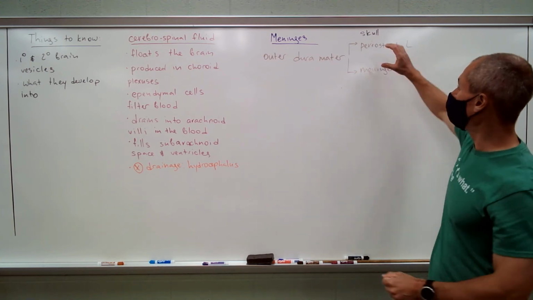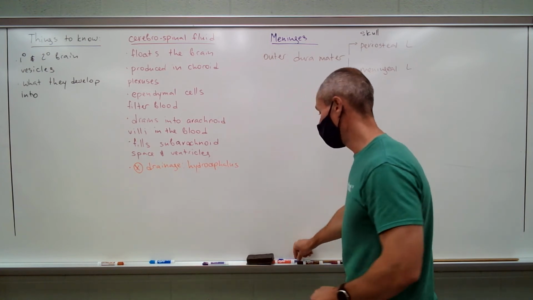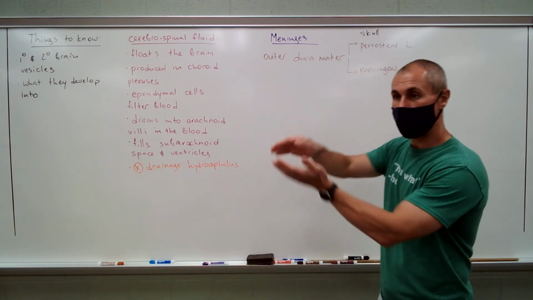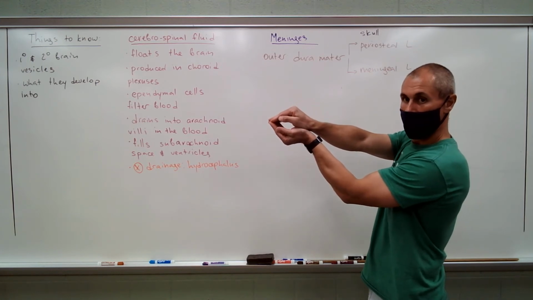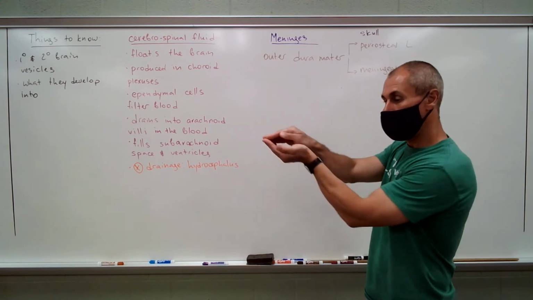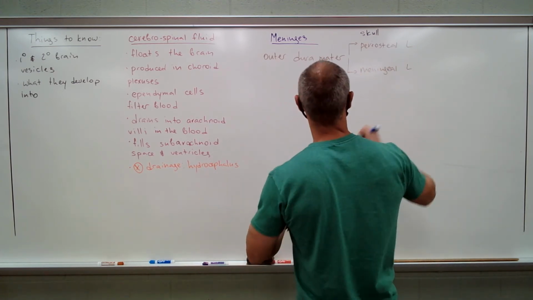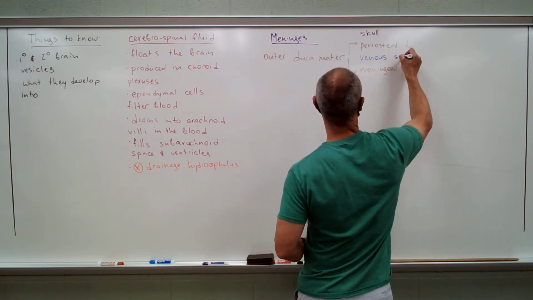So, why did I separate them by quite a substantial space? Sometimes these two layers become separated like this. Do you see the lumen that they form? In that lumen, you're going to find venous sinus.